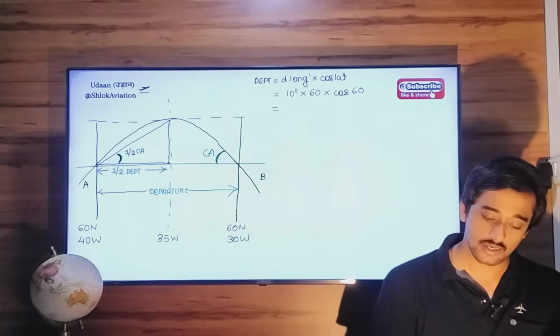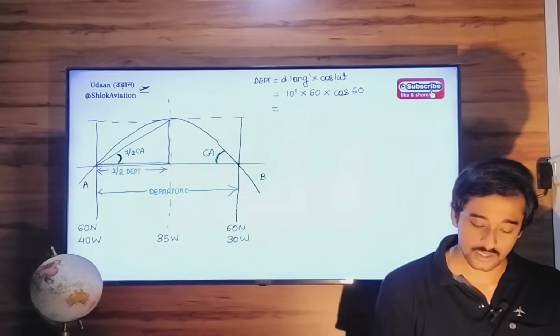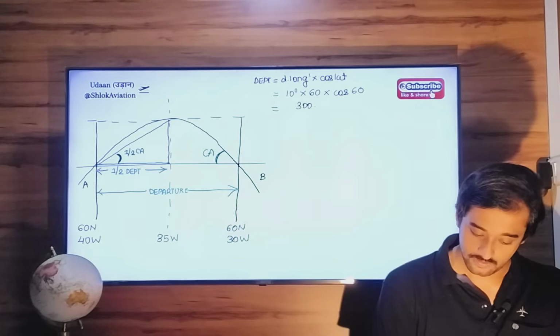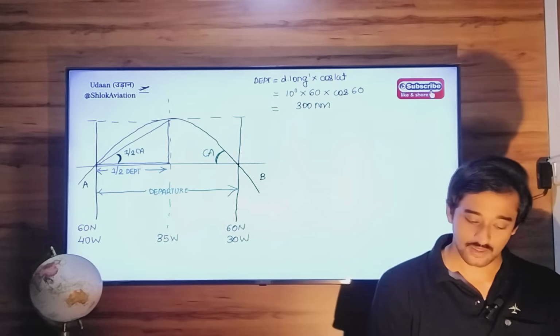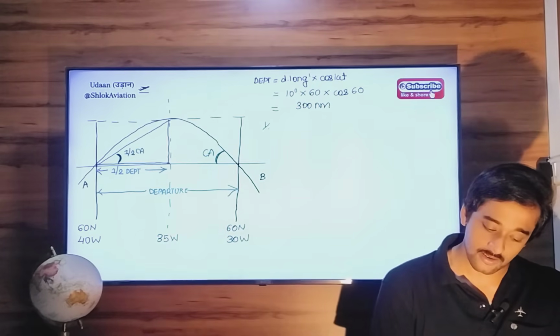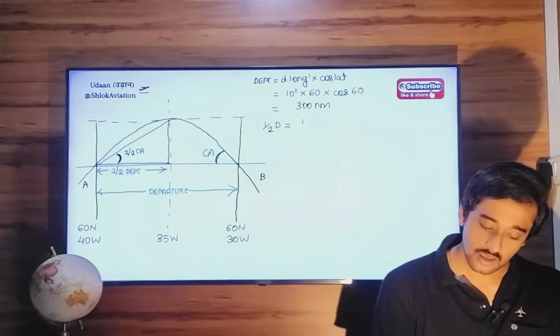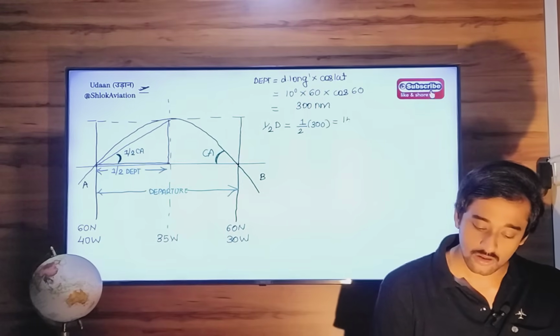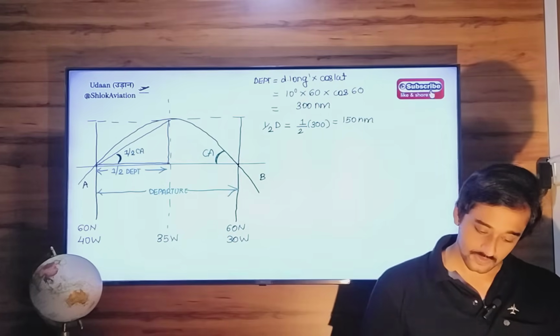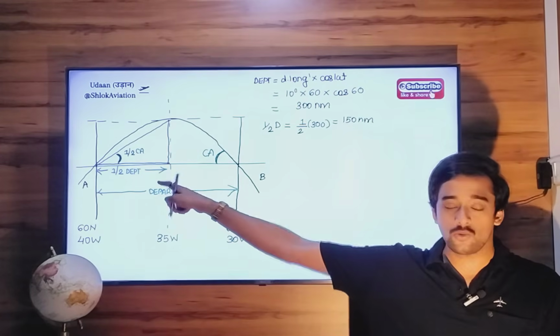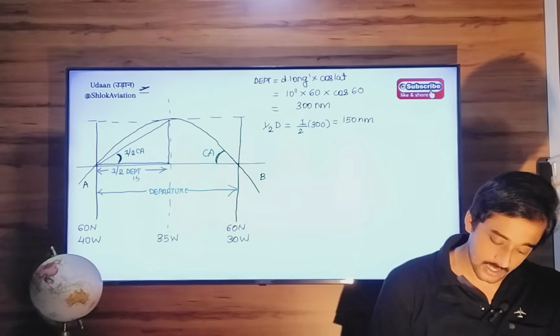So 600 divided by 2, that is 300 nautical miles. So half of departure will be half of 300, that is 150 nautical miles. Okay, so we have got this value, 150 nautical miles.